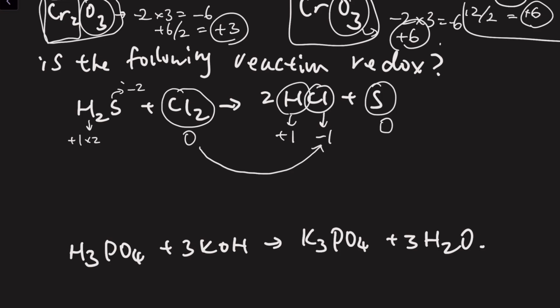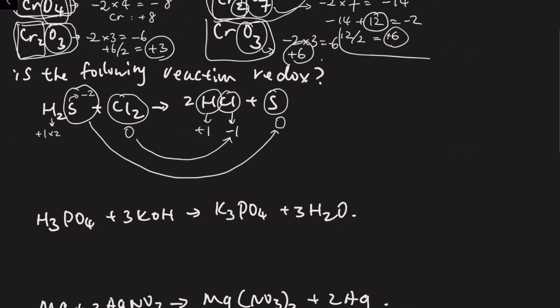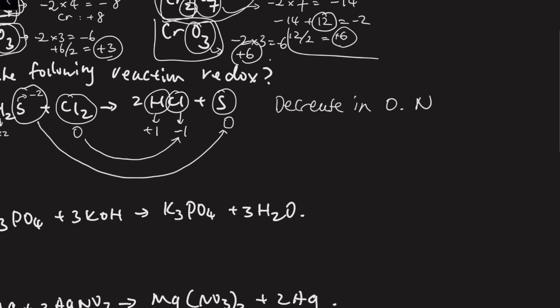Oxidation number for sulfur has increased from -2 to 0. Now remember, a decrease in oxidation number is reduction, because you are getting more negative.